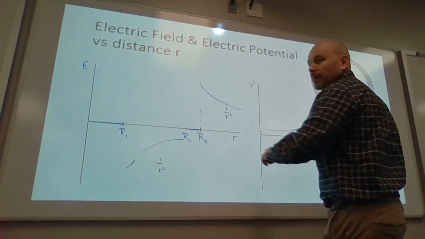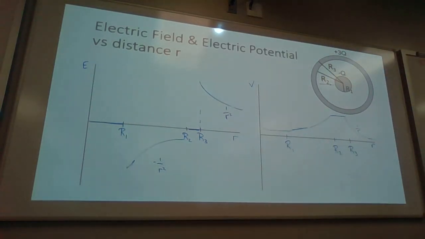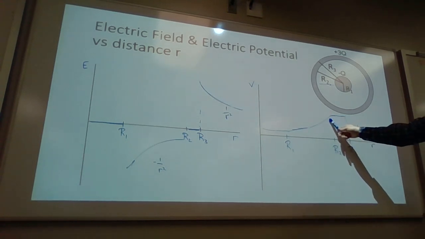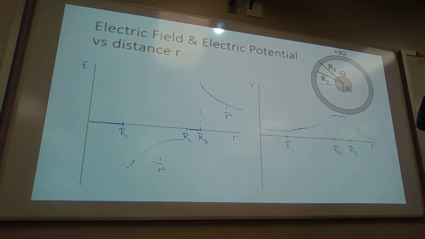Zero, zero. Here we have a positive slope. So we have a negative. Ooh, yeah. I knew something was wrong. I didn't know what it was.